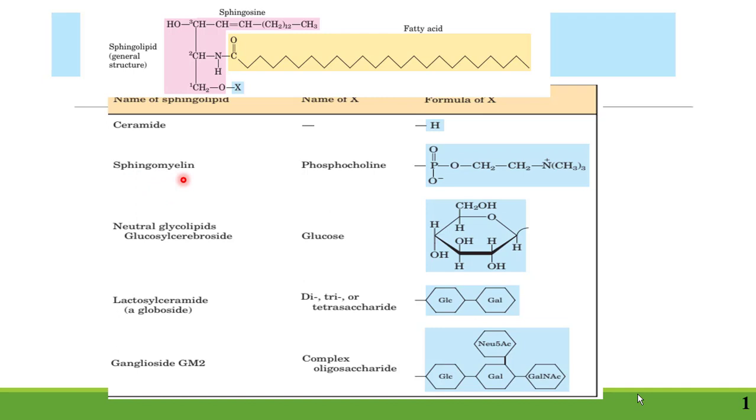The non-phosphorylated lipids, or glycosphingolipids or glycolipids, are seen widely in nervous tissue. This group of lipids do not contain phosphoric acid. Instead, they contain carbohydrate and ceramide.